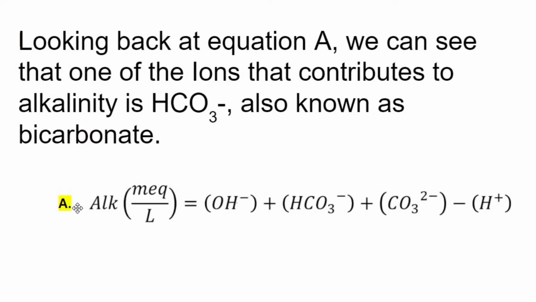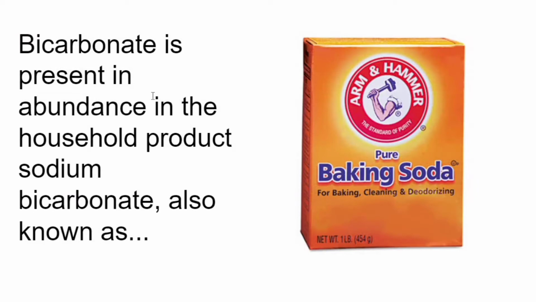Taking a closer look at this alkalinity equation, as I said before, we can see that one of the ions that contributes to alkalinity is HCO3, also known as bicarbonate. And bicarbonate is present in abundance in the household product sodium bicarbonate, which is also known as baking soda, which is really convenient for us because it means that we have a very on-hand chemical that we can use to experiment with alkalinity.